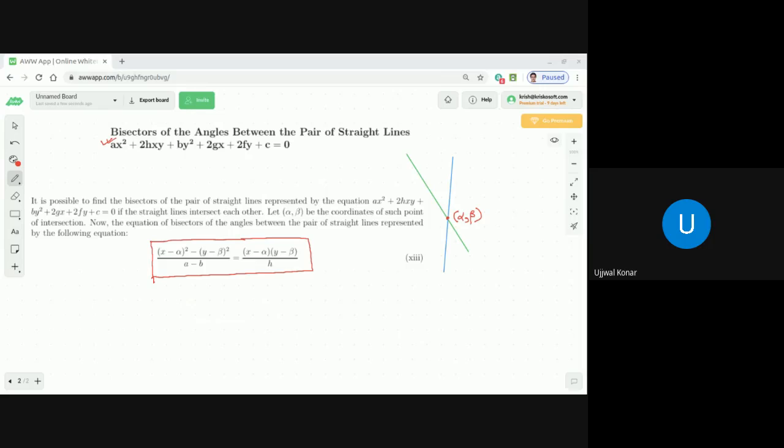Now, what we are going to do is tell you some important results on the pair of straight lines, and I'm going to discuss all these things with you right now. So following are some important results on the pair of straight lines.